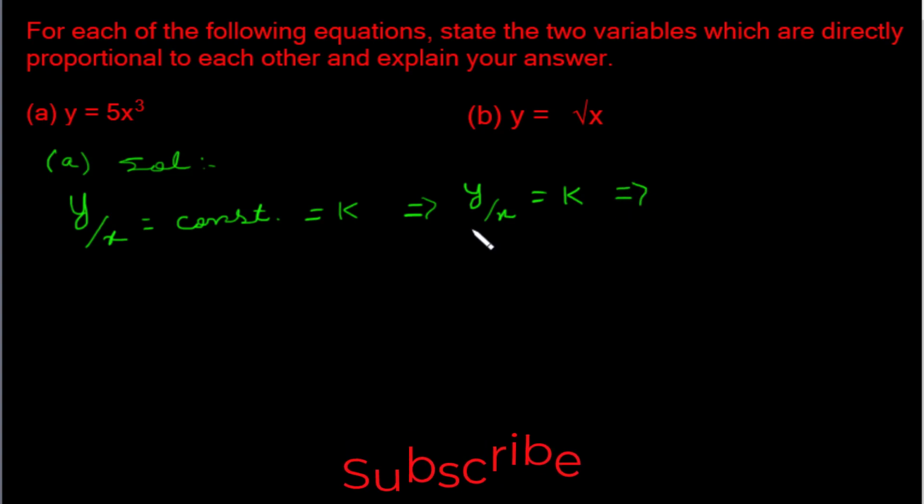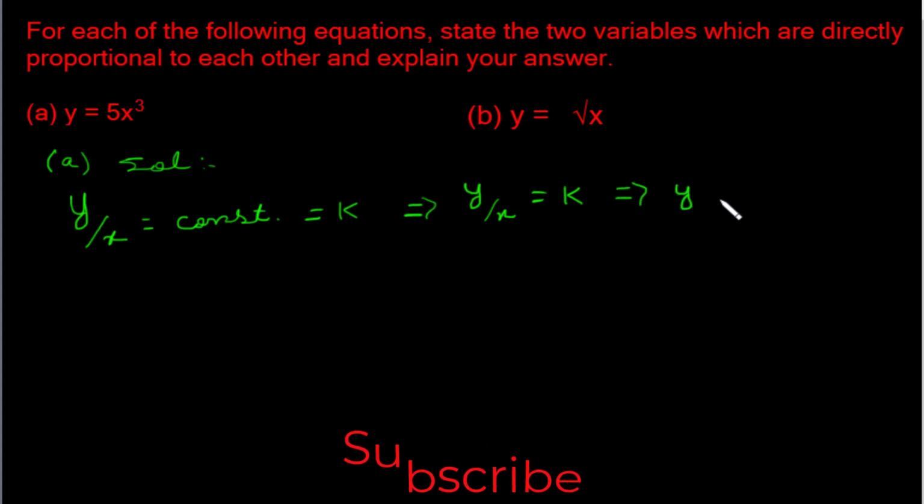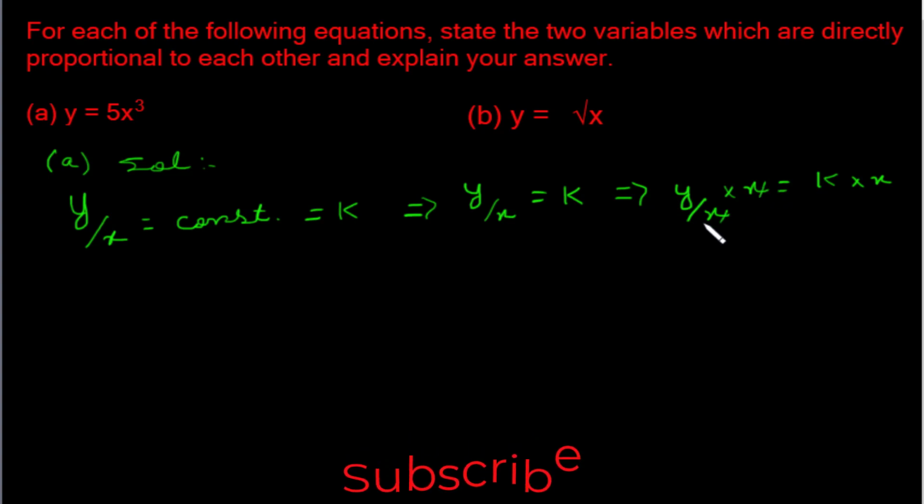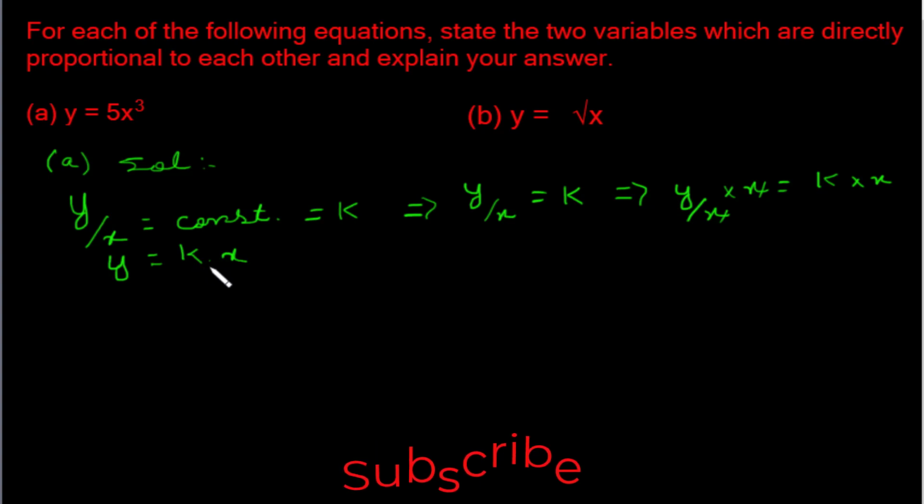Furthermore, multiplying k with x on this side as well, the x will cancel and we will come up with y is equal to k times x. So this is when y and x are directly proportional. Here we call k the constant of proportionality. In other words, it means that as x changes, y changes in the same ratio.